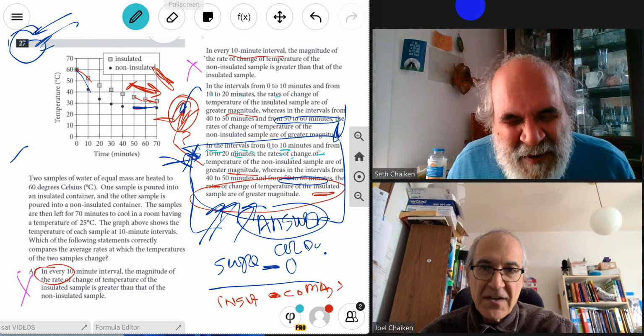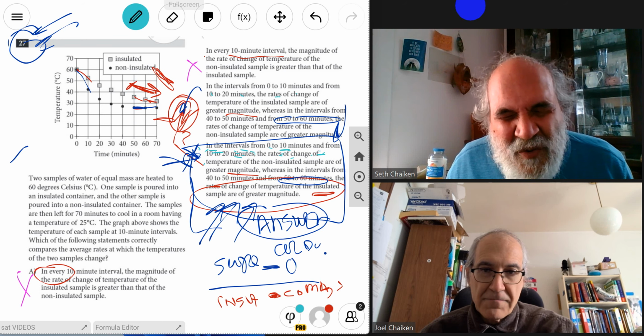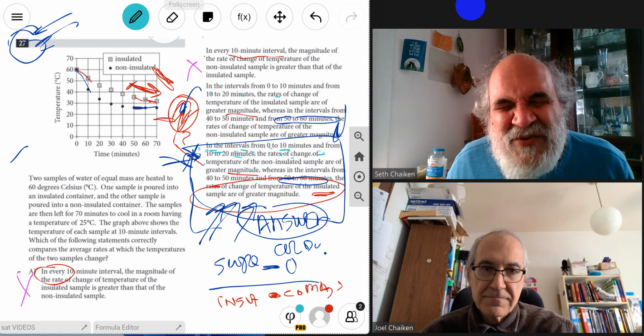They differ at the beginning and at the end of the experiment, and the question to discern between answers B, C, and D is which way they differ. Right. That's a pretty symmetric question.